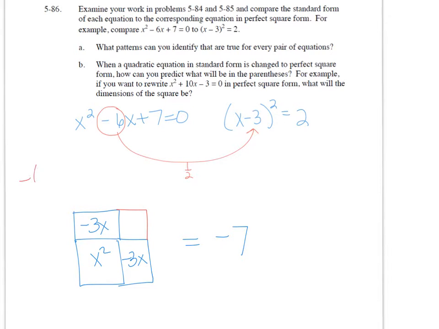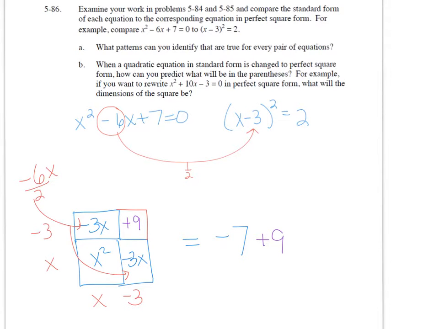So we take that -6x and divide it by 2, and that's what goes inside here. And when we factor out, we end up with -3 and -3. So if we take -6 divided by 2, that -3 becomes what goes inside the square. And then what we're going to add to both sides is -3 times -3, or +9.